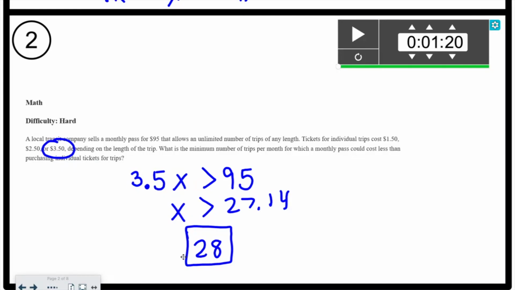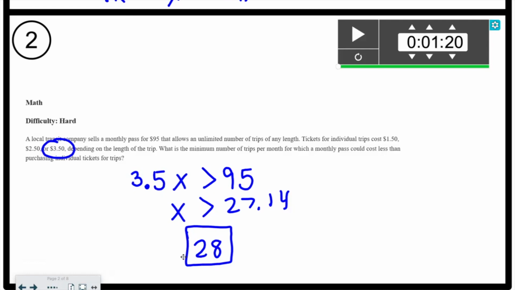But if any single trip was cheaper than 3.50, then it would take more trips. So that's why you assume the largest, and 28 is the least, and it only happens if all your trips cost 3.50.